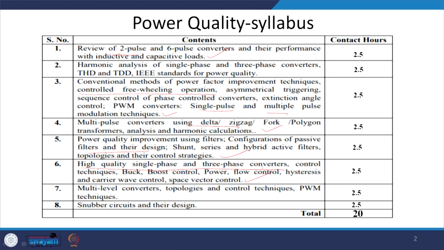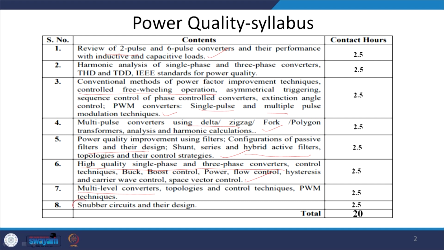And considering these filters, we require a suitable topology for them, and for this reason we will talk about the multi-level inverter and the topologies and control techniques of the PWM technique.